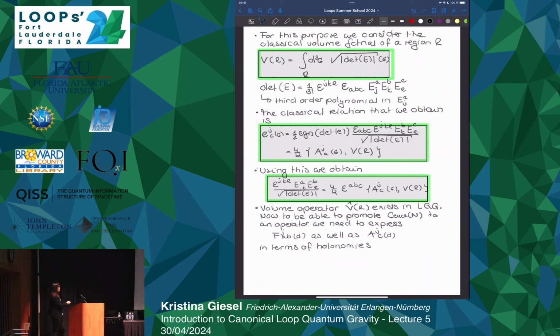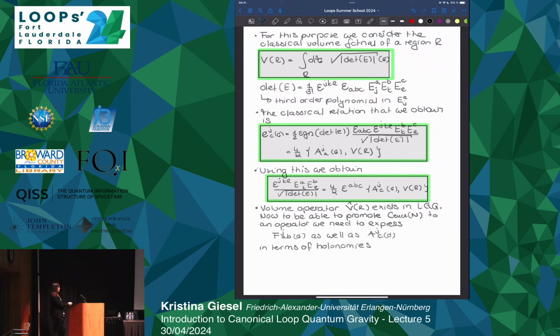And you see here on the left-hand side, in the second step, we have exactly these two densitized triads because one of them is cancelled or killed by the functional derivative. And this is also an expression which can be identified with the original co-triad, so lowercase e. Which means, using the same idea as in classical mechanics, we can write the term including two densitized triads and the inverse square root of the determinant of E, contracting again with an epsilon in this form.